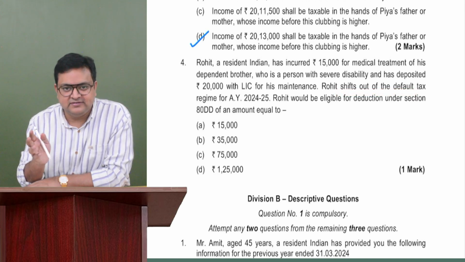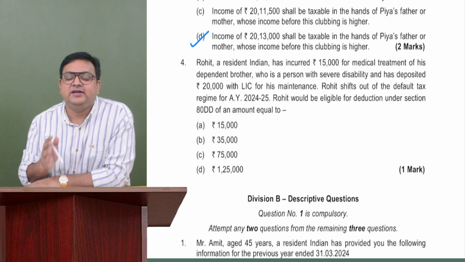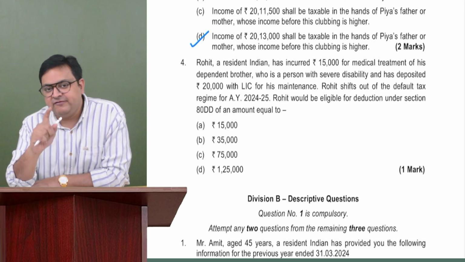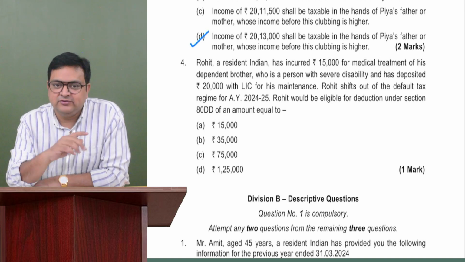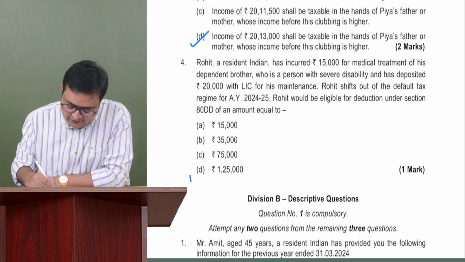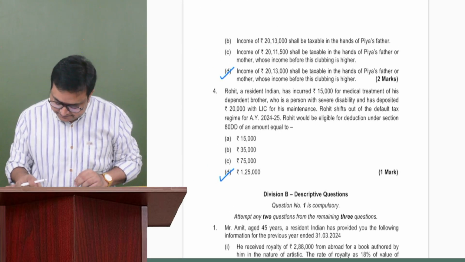He can take Chapter VI-A deductions, and this person is severely disabled. So we have 80DD, disabled dependent, where there is a flat deduction of 75,000, and if the person is severely disabled, 1,25,000 flat. So Rohit would be eligible for deduction under 80DD. How much? 1,25,000 flat deduction. Got it? Quite good MCQs.